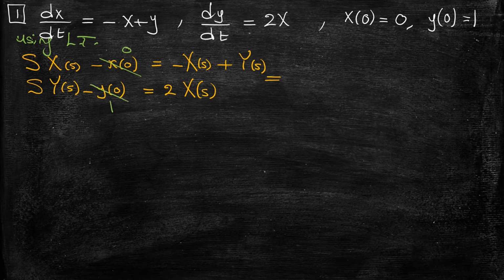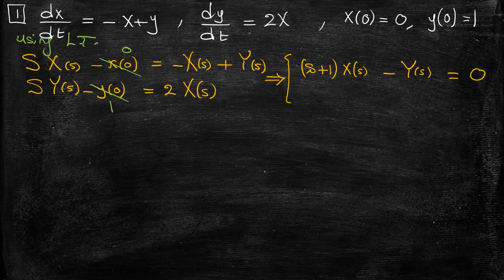This gives us two new equations. We have x of s multiplied by s plus 1, and minus y of s, equal to 0.